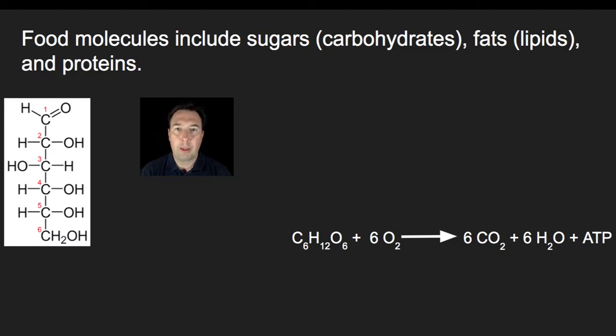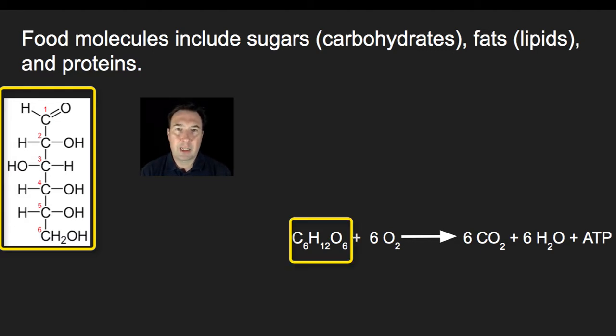Now, in most formulas, like the ones we've seen before, the most common way that we think about cell respiration is to use a sugar, specifically glucose. And so over here I have a diagram that shows what sugar looks like in chemical formula, where you see a long series of carbons that are bound together. Glucose happens to be a 6-carbon molecule.